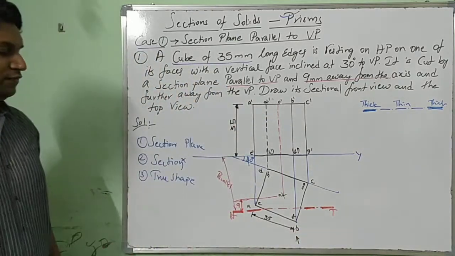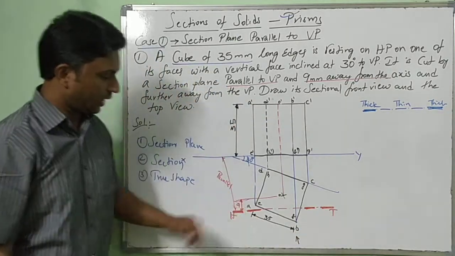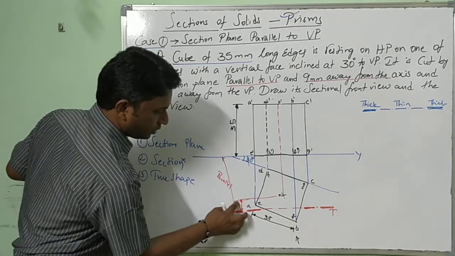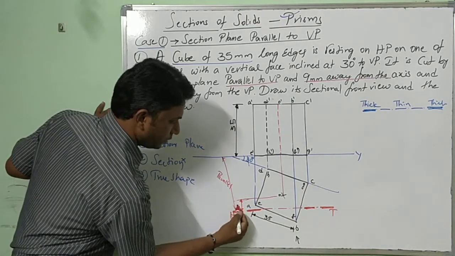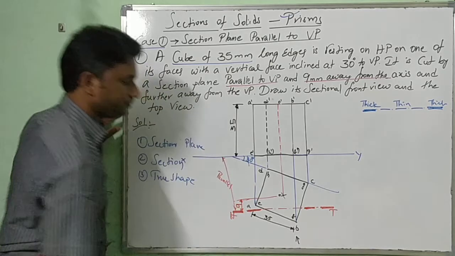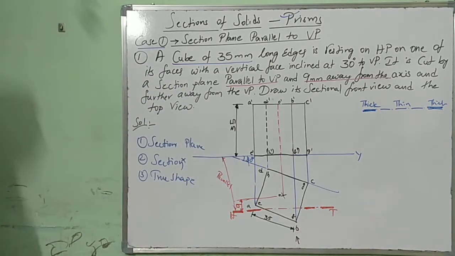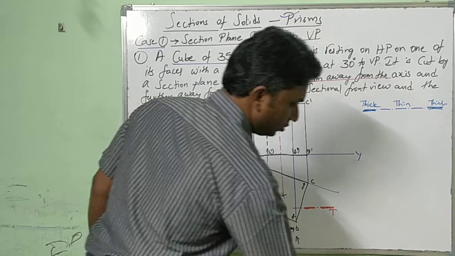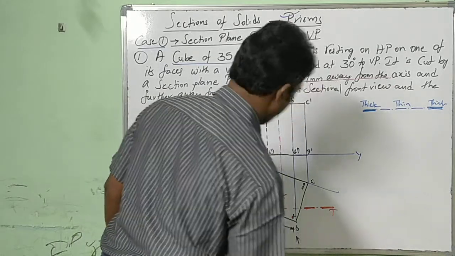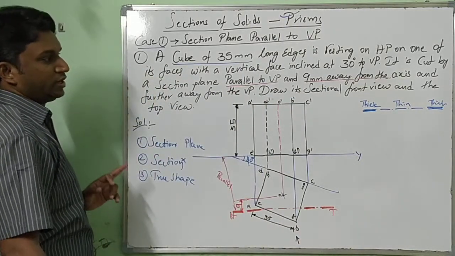You have to show the difference. HT is 9 mm away. I can draw this 9 mm away from the axis. Now what I have drawn is the section plane location.